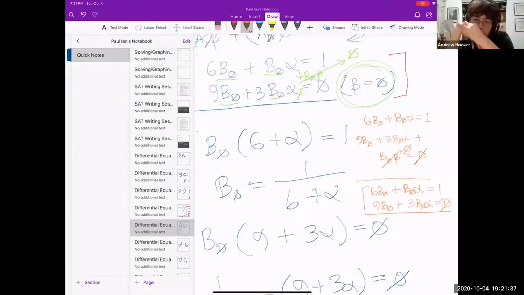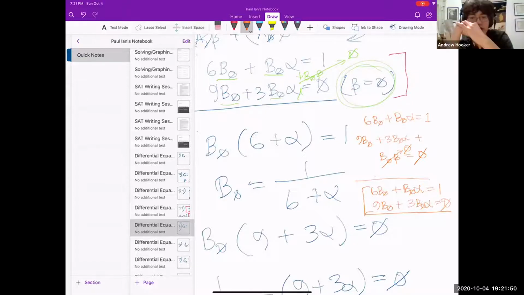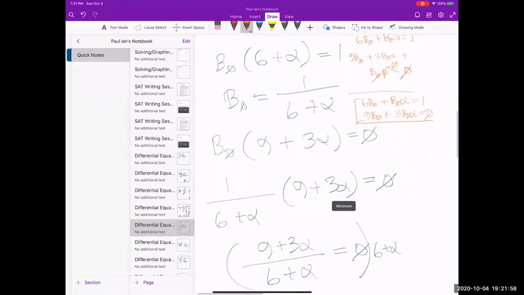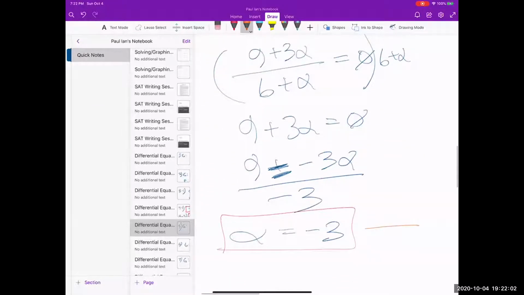This is a linear equation, so you could look at the top one: b naught alpha equals 1 minus 6b naught, and then you could just divide out the b naughts. Whichever way you want to attack that, you should be able to get the same answer.